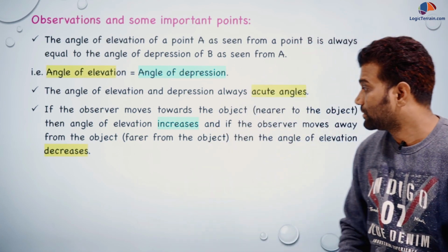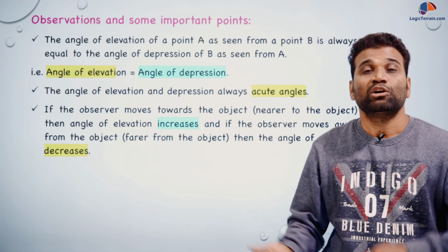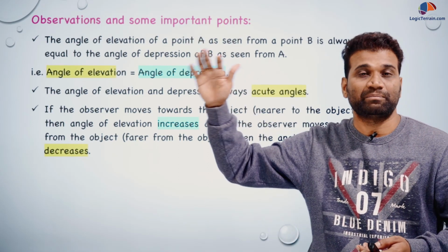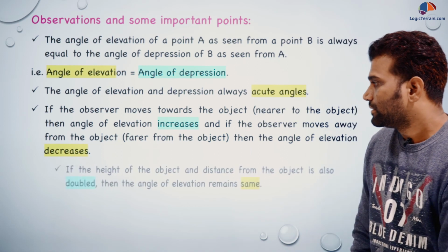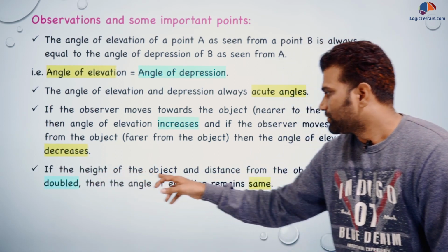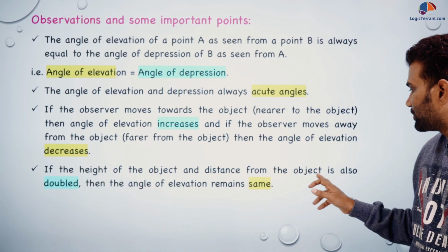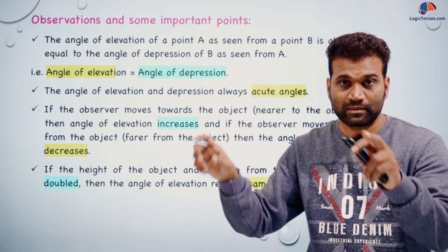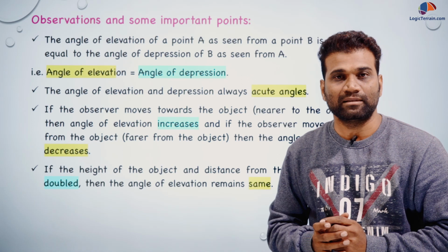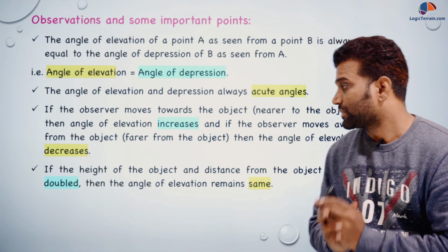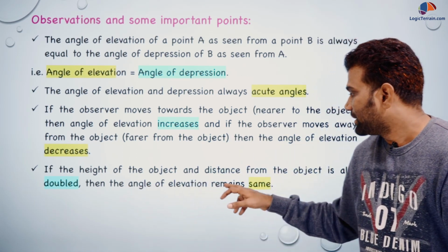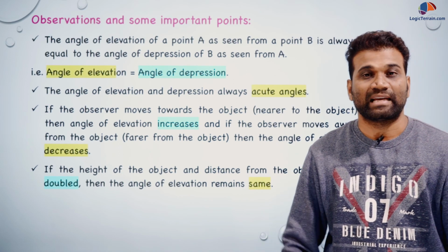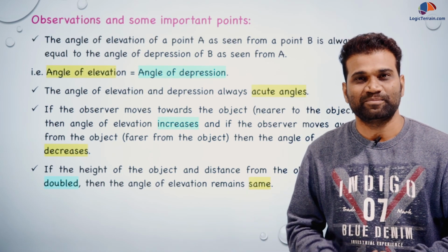The angle of elevation decreases, and vice versa with the angles of depression as well. Next, if the height of the object and the distance from the object are both doubled in a given right angle triangle, then the angle of elevation remains the same. Clear?